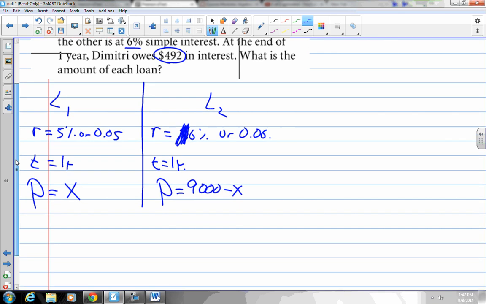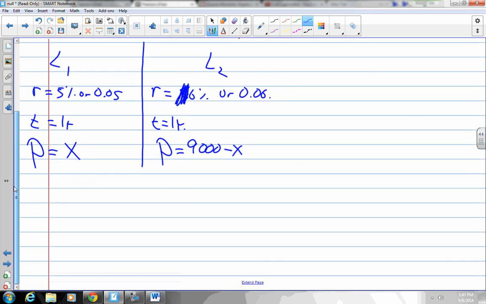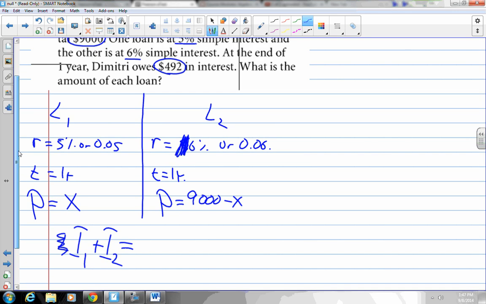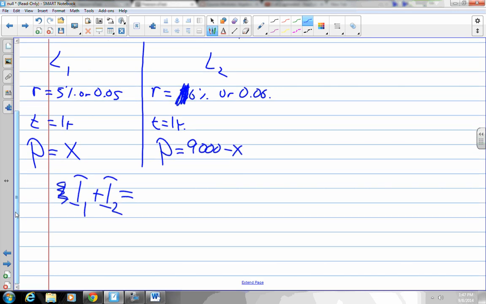Well, then you can use the simple interest formula. Because keep in mind that if you add the interest from loan 1 plus the interest from loan 2, what is the total sum of the interests? 492. So now I can set it up. The interest from loan 1 is just 5% of X dollars borrowed for 1 year, so it's just 0.05 times X. Is that okay?